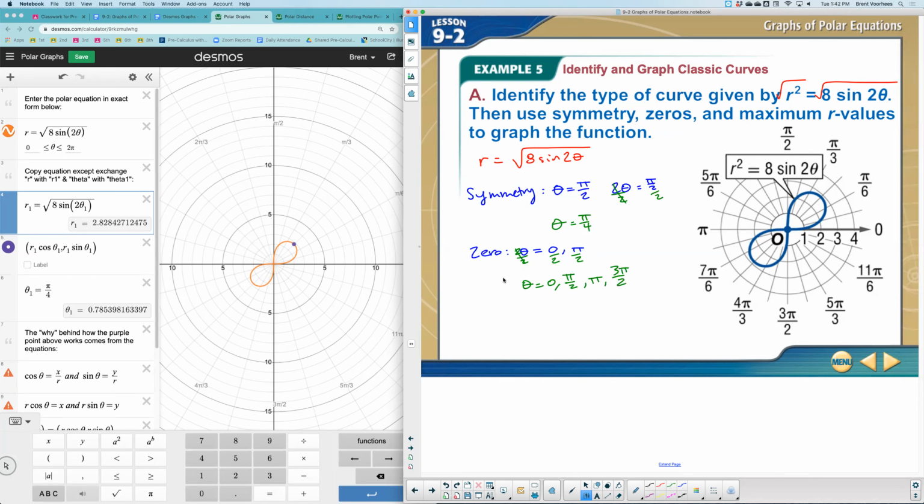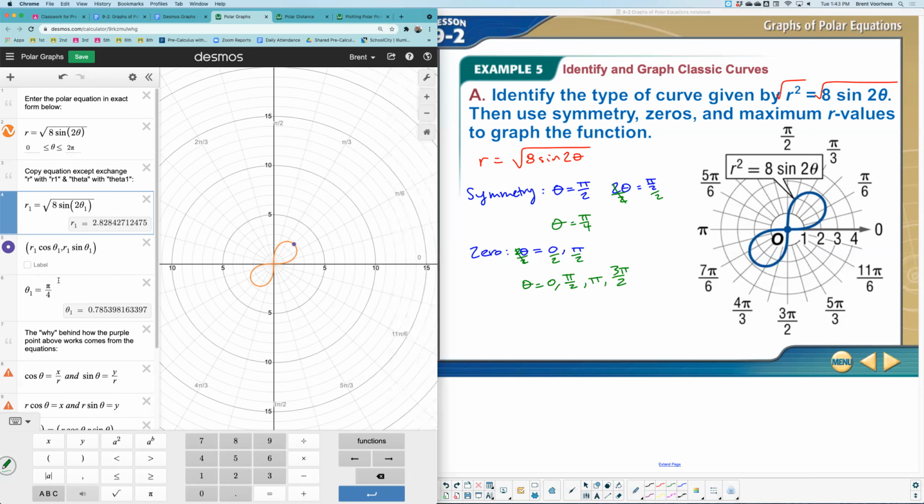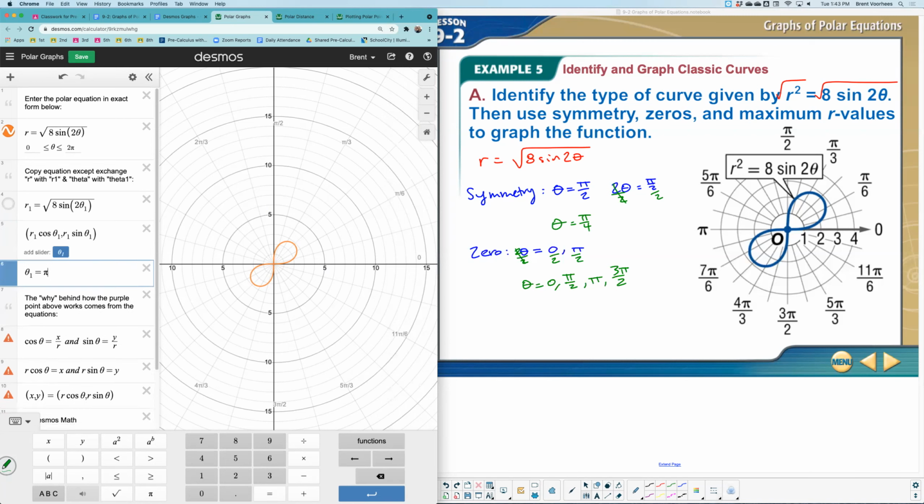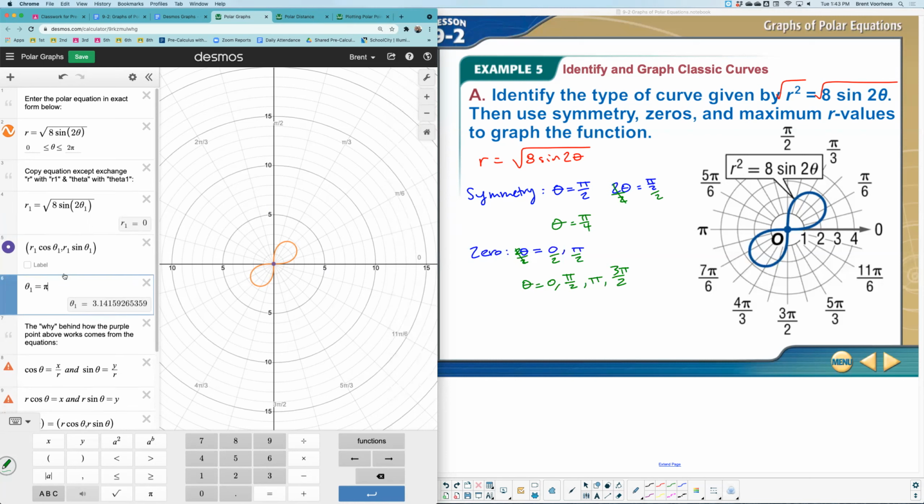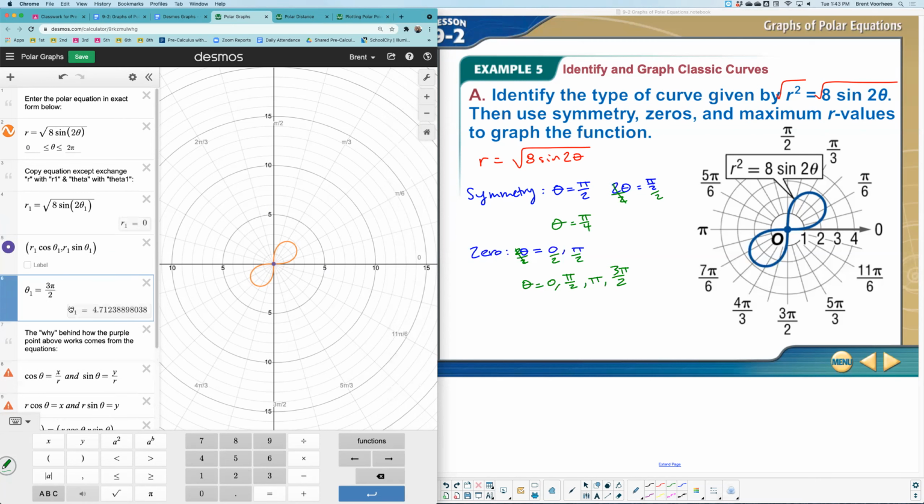You would have zeros. So all these values, if I plug them in, the r value that spits out would be 0. So let me try pi over 2. At pi over 2, the r is 0. At pi, we're getting 0. And at 3 pi over 2, we're also getting 0. So you can see how that's all working out.